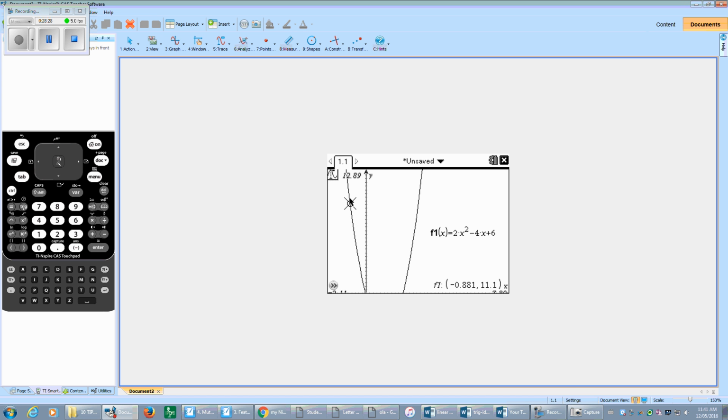Okay, what you can do is now use your cursor. You're going to use your arrows. As I use my arrows, as I follow along, just watch mine.